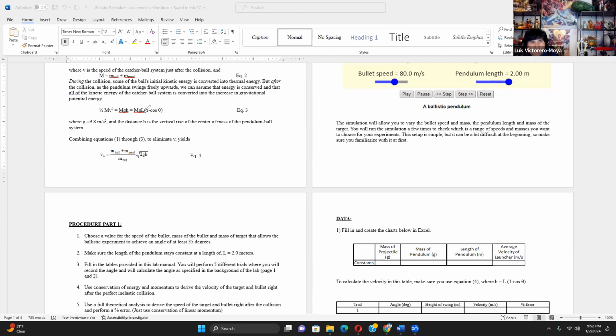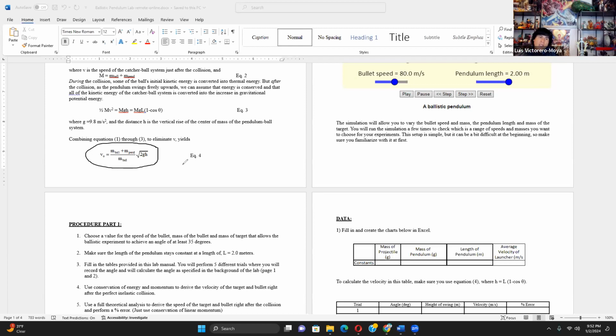Here, where you have mgh, I write down the h as a function of L times 1 minus cosine. And then the energy, or this v that you obtain here, is the v that I showed you in the simulation. This is v naught. Now, what's v naught? v naught is the initial velocity of the bullet.